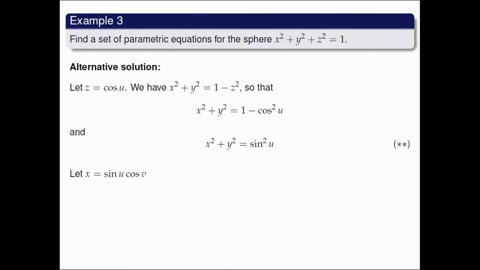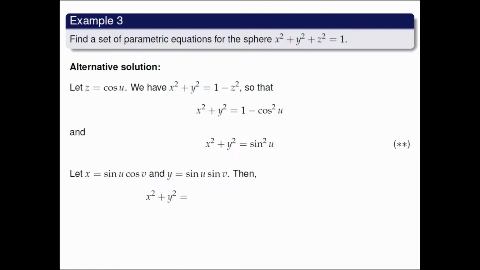We now let x equal sine u cosine v and y equals sine u sine v. Let's check if what we let will satisfy this equation. So we express x squared plus y squared in terms of u and v.